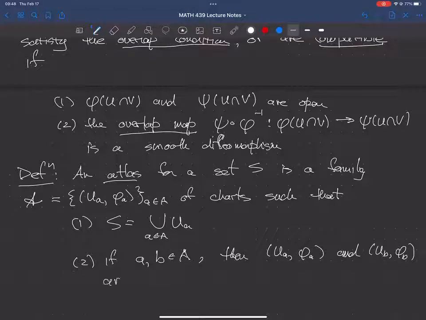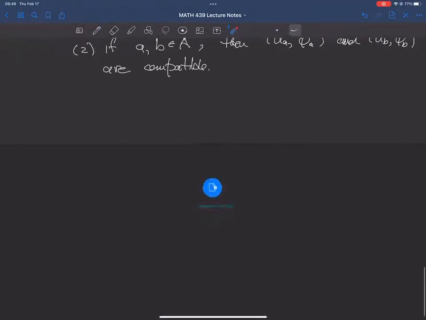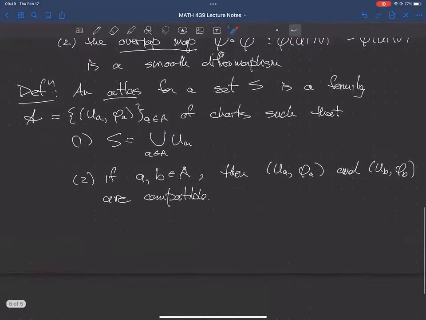So they satisfy the overlap condition. Notice this is really only interesting in the case where they intersect. If they don't intersect, then the overlap condition is satisfied vacuously. So that's what an atlas is.